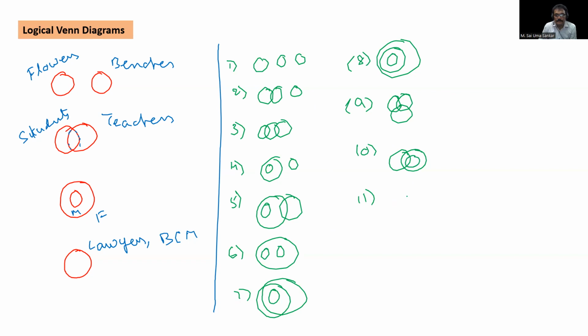What are they? Suppose this is A and B and this is C. A and B are equal sets and C is the other set.